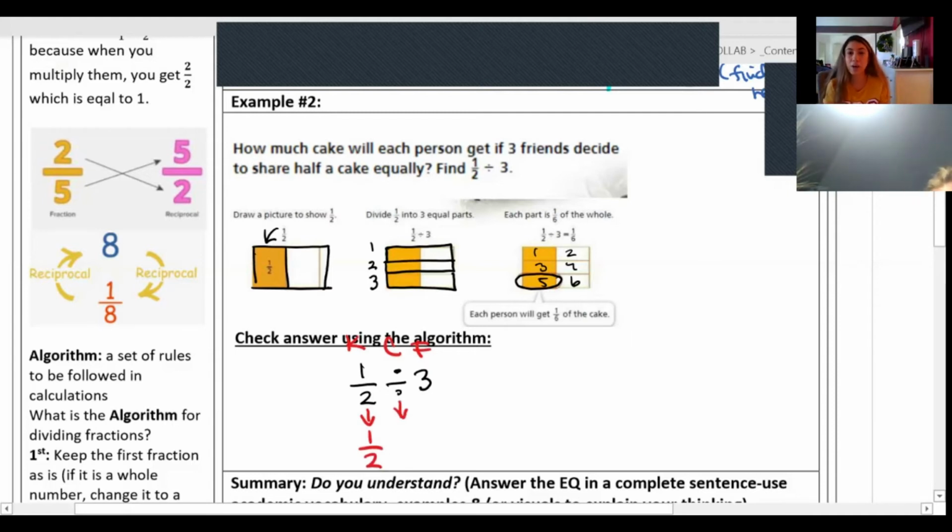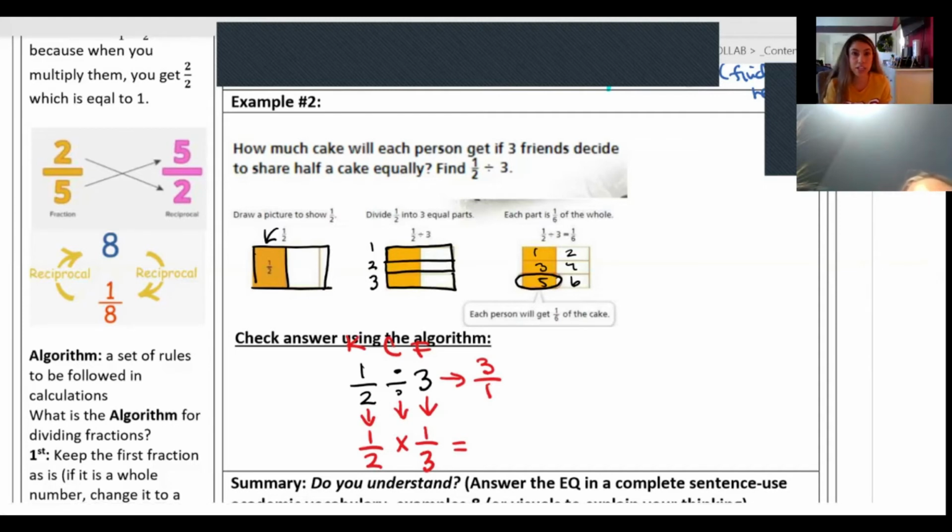We're gonna change our operation from division to the inverse, which is multiplication. And then we're gonna flip our second fraction, and every whole number is always over 1. So we're gonna flip it, do the reciprocal. So now we'll flip it to 1/3. So that was kind of 2 steps, right? Making sure that that was over 1 and then flipping it to the reciprocal, which is 1/3.